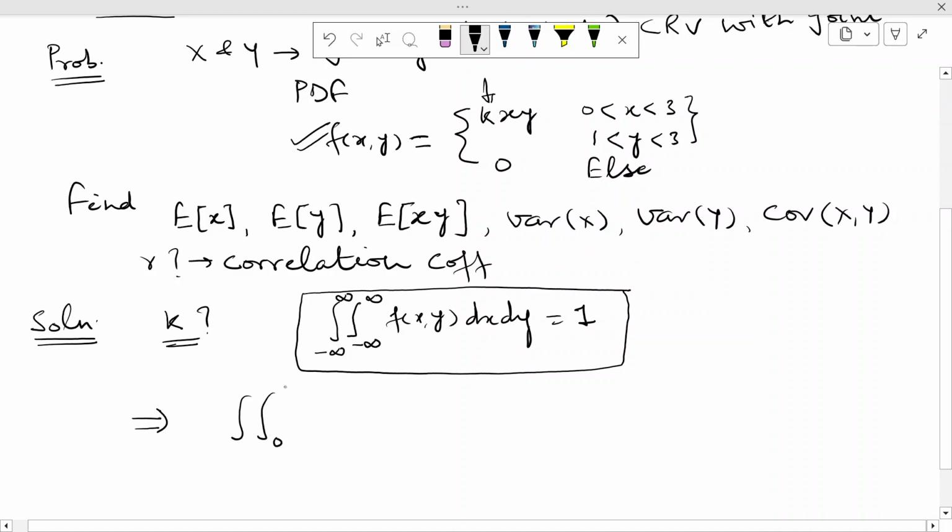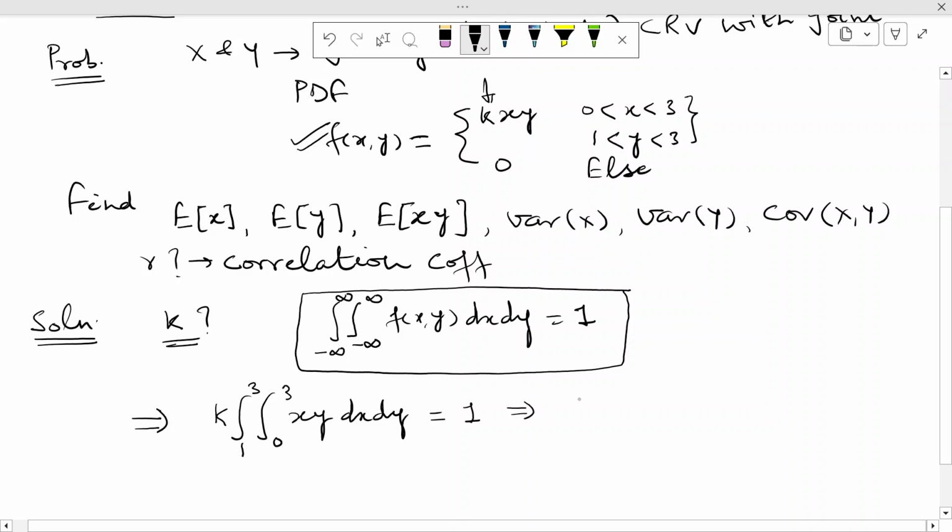First we put the limits of x, 0 to 3, then the limits for y, 1 to 3, and we put here f(x,y). Since k is a constant, we can take it outside, and we are double integrating this PDF, and because it is the PDF of the random variables x and y, this integral will always be equal to 1.